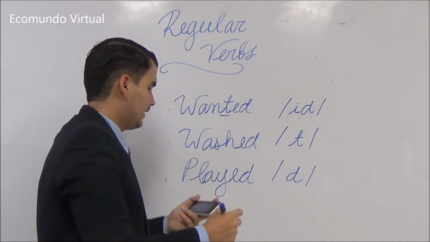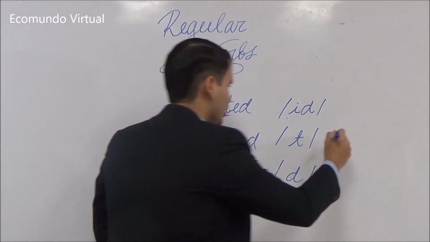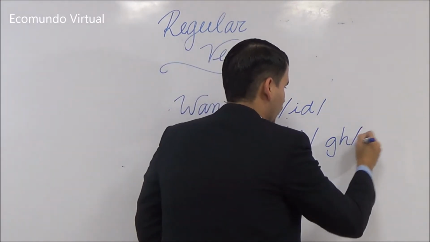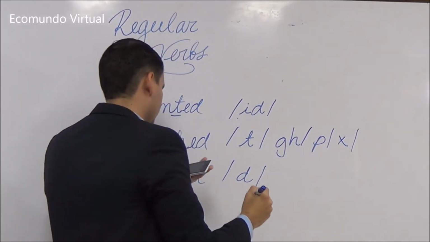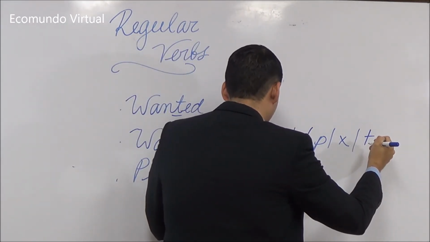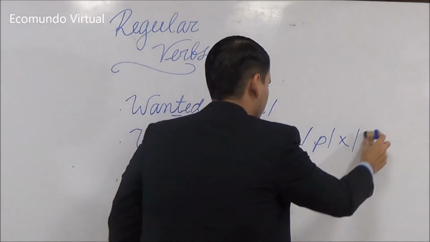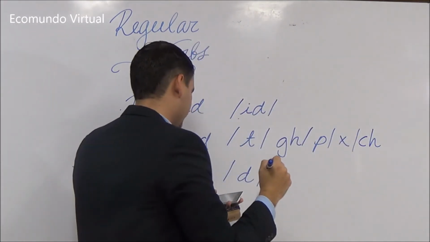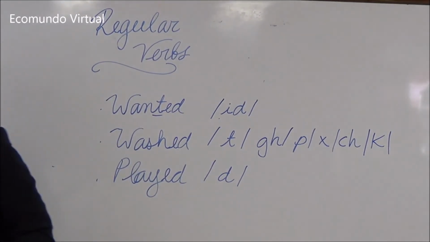All the verbs that end with SH and GH and also P, X, CH and K, they have a special pronunciation.